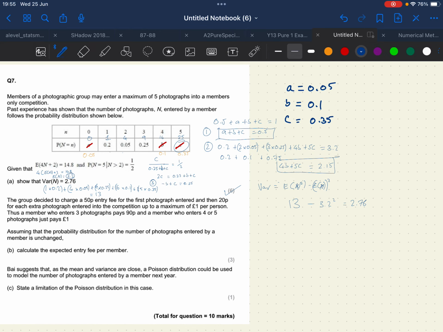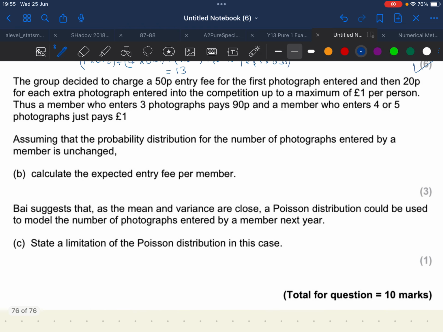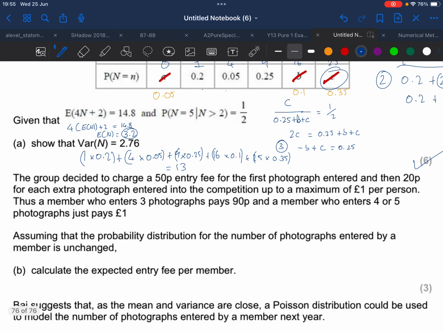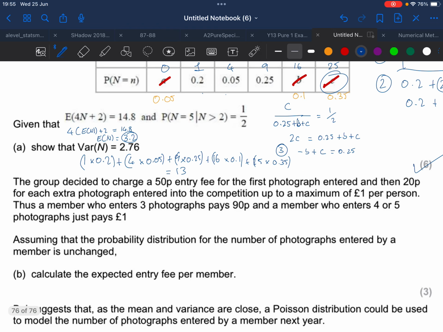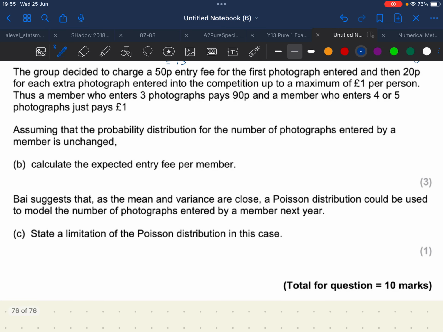So the group decided to charge a 50p entry fee for the first photo entered. Is it possible to enter no photos? It is. Right, that complicates it a little bit then. Okay. And then 20p for each extra one, up to a maximum of £1 per person.